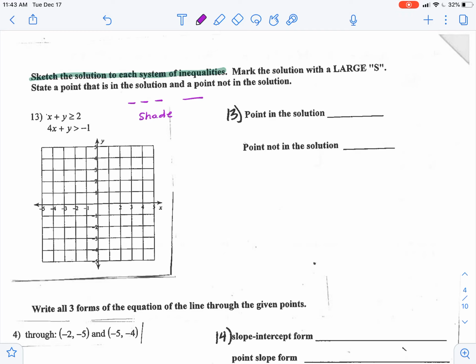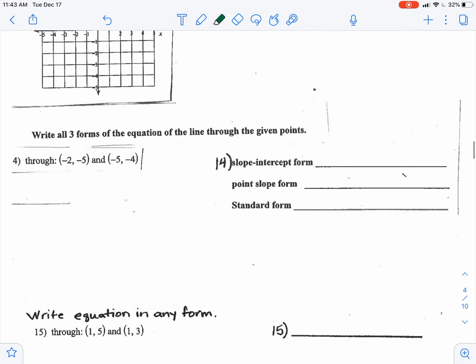What it says is put a large S in your answer, where they have something in common. The next is name a point that is in the solution, so that is in that large S area, and name a point that is not in that solution. Pause and work the problem.